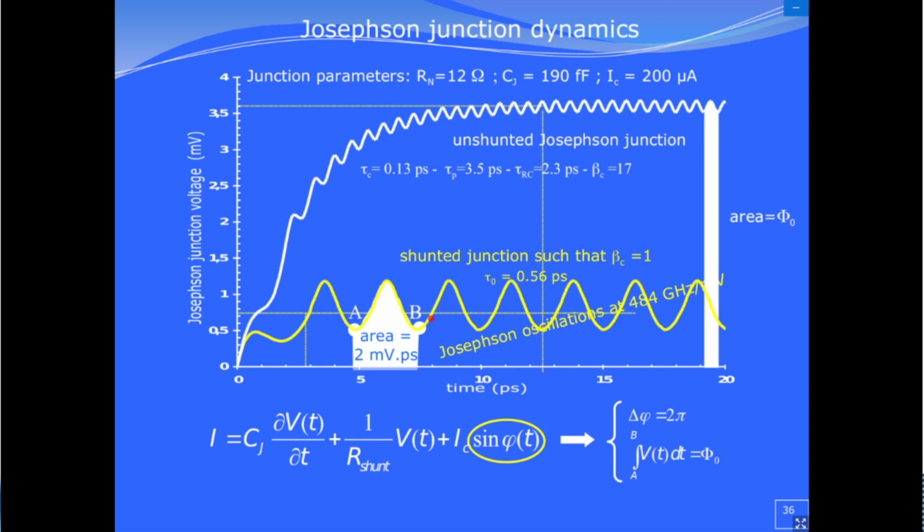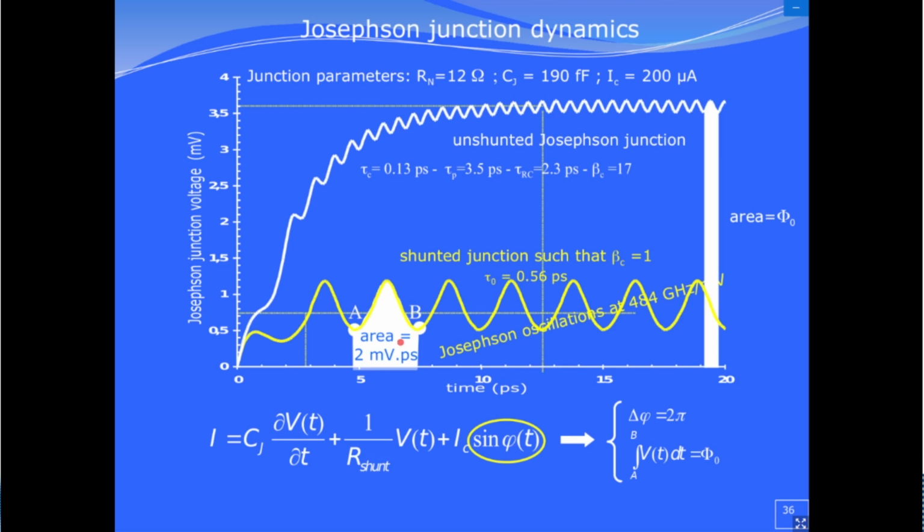It means when I change the phase by 2 pi, I have the same equation, so you should have the same current. I can, for example, take the 2 points A and B here, and the voltage integral, it means the area under this curve here, is phi naught, it's quantized, basically. So every time you have an oscillation, you have one flux quantum passing.